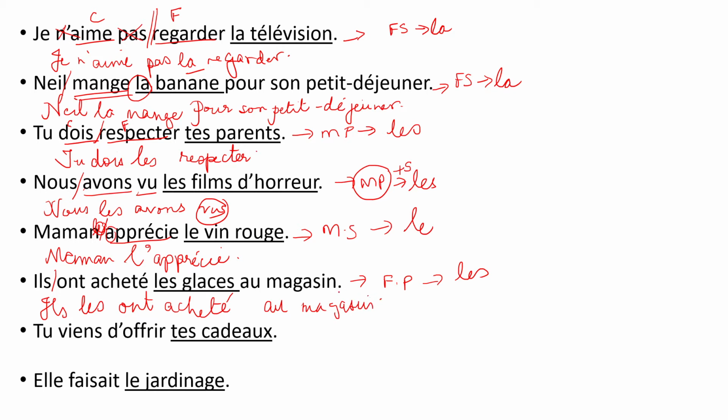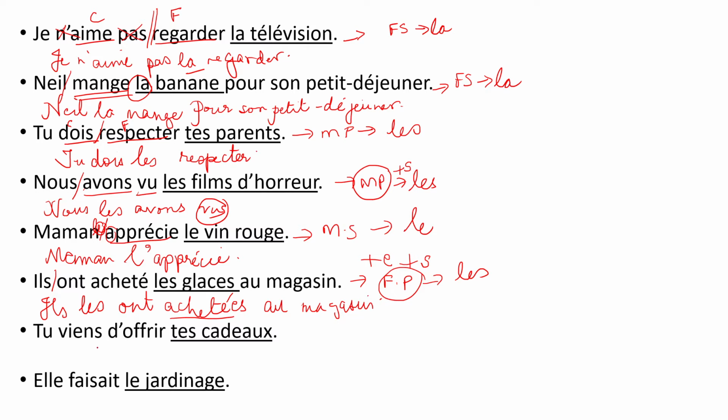Now, remember, passé composé, direct object, you have to agree the participle with what you've replaced. You have replaced with feminine plural, so feminine means extra e, plural means extra s. So you have to add es here. Okay? They bought them at the shop.